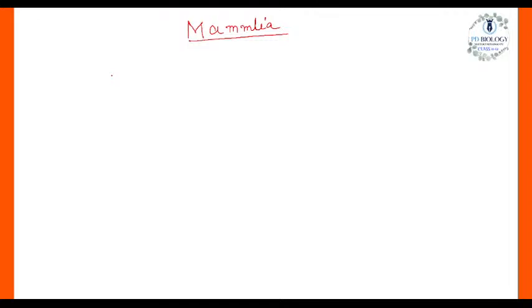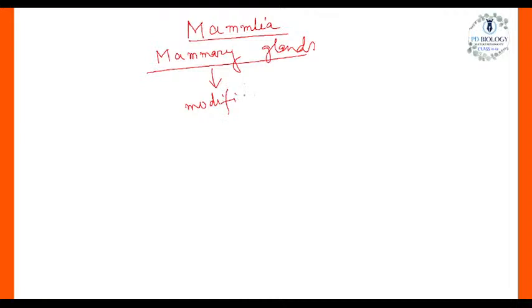So presence of milk producing organ, that is the mammary gland, by which the young one are nourished. Mammary gland, it's a modified sweat gland. Remember this one.